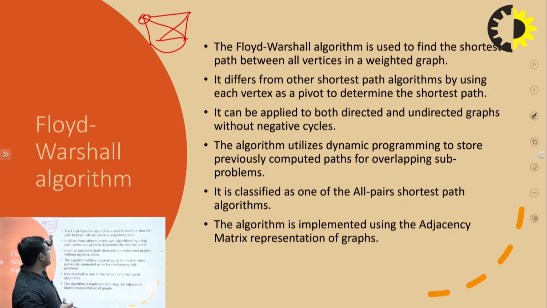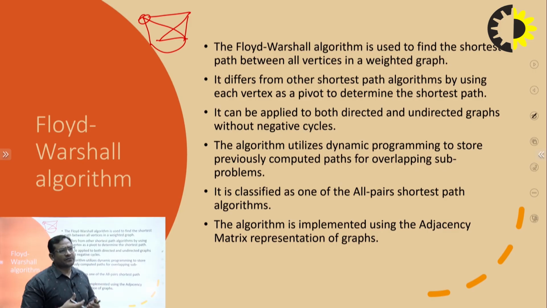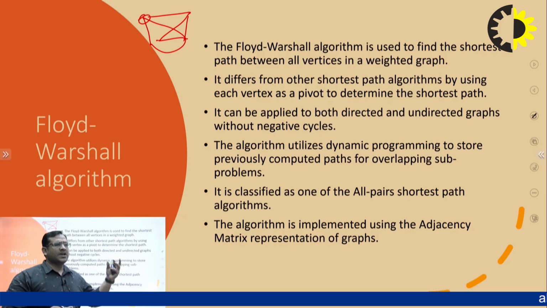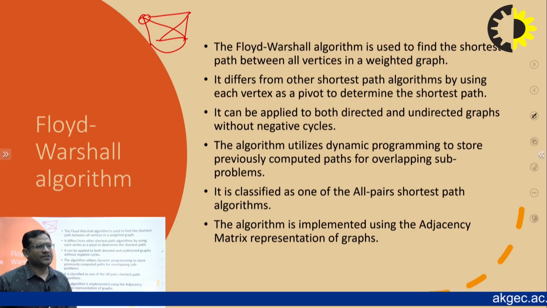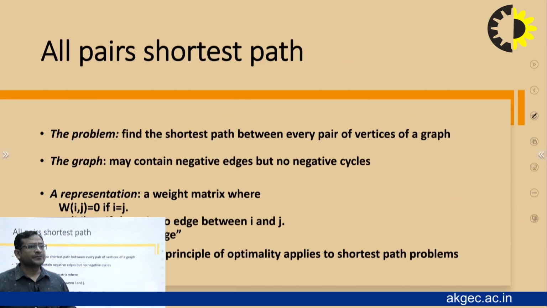Suppose we have 4 vertices, we use a 4 by 4 matrix. We store the previously computed matrices, and after updating them we find the new matrices.